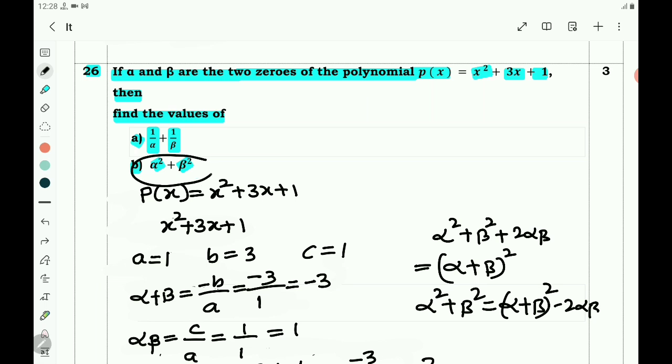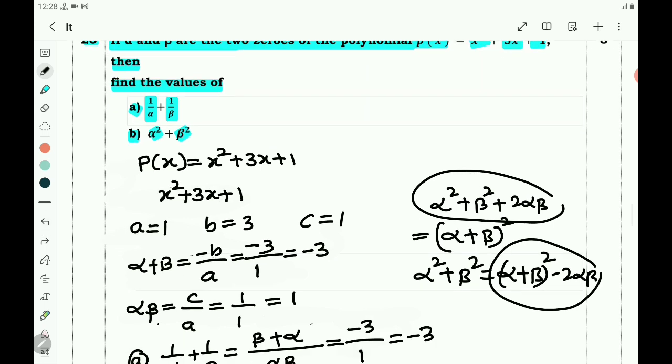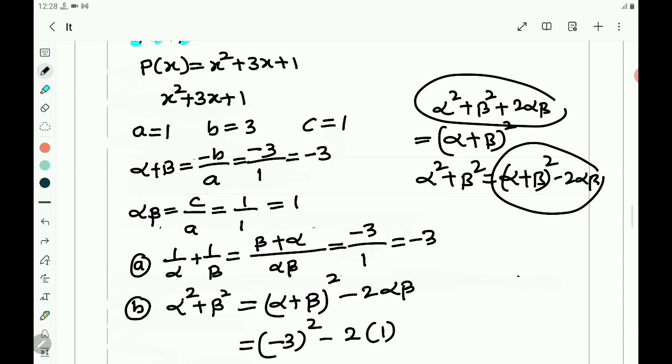And you must know the identity that alpha plus beta the whole square equals alpha square plus beta square plus 2 alpha beta. Then alpha square plus beta square is equals to alpha plus beta the whole square minus 2 alpha beta. By using the coefficient, you must find alpha plus beta and alpha beta. Next, we have to substitute in this relation.